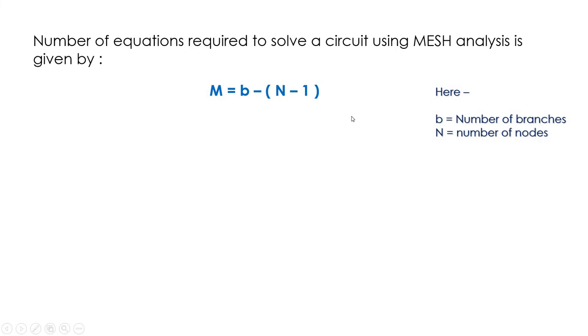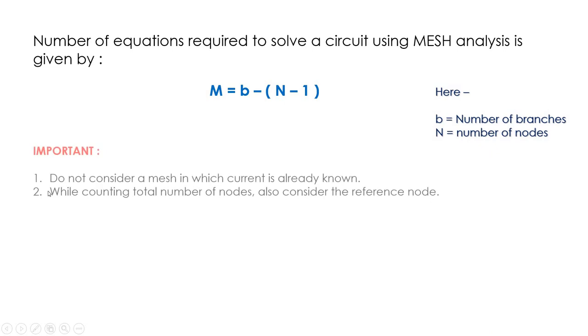Now, while using this equation, you need to keep two important things in mind. The first one is, do not consider a mesh in which the current is already known. There might be a condition while solving a circuit where you already know the value of the current flowing inside a particular mesh.